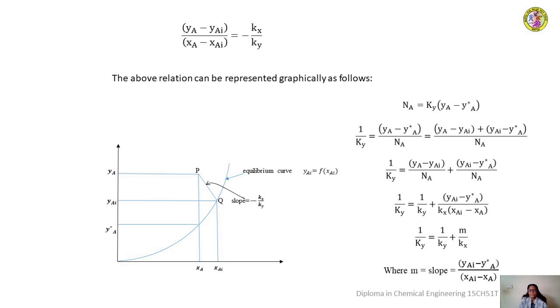So YAI minus YA star divided by XAI minus XA becomes m. So then the equation comes to the final form as 1 by capital Ky equals 1 by small ky plus m, that is the slope of the equilibrium line for the given system, divided by small kx. So this is the relationship between the overall coefficient Ky and the individual coefficients ky and kx. So this is how you can calculate the overall coefficients using the individual coefficients.